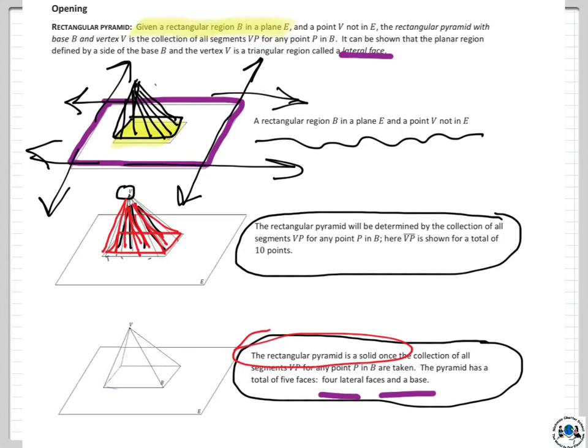Therefore, we need to emphasize that this rectangular pyramid is a solid. It is not hollow.